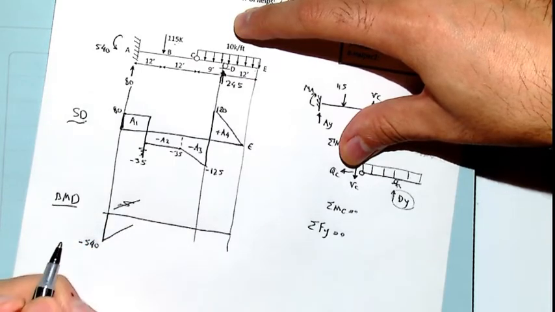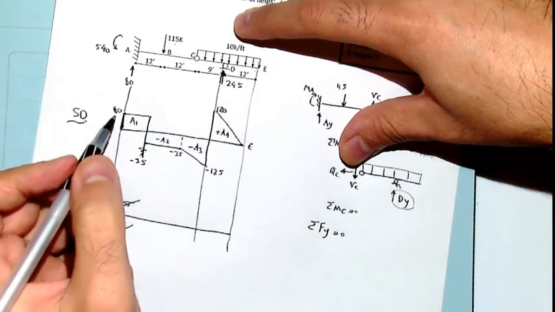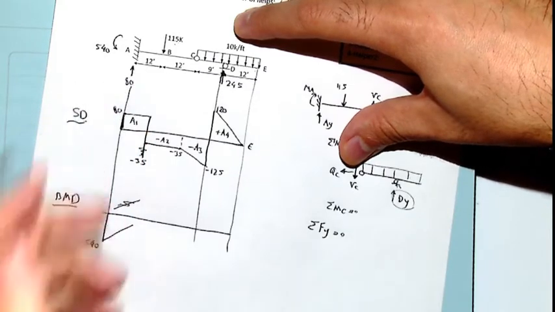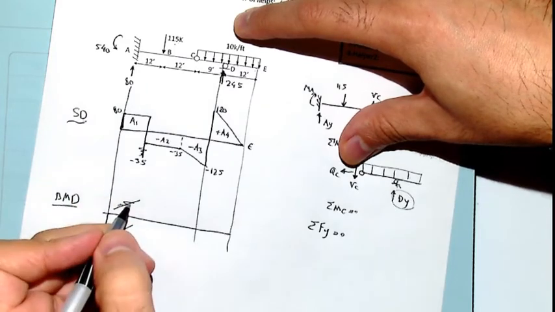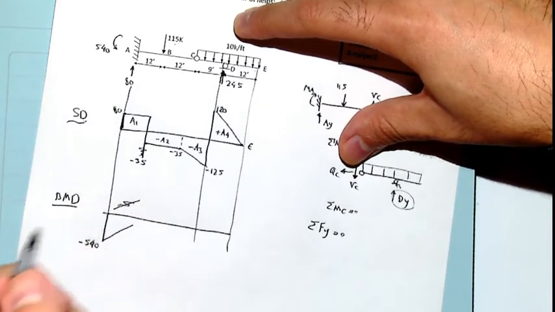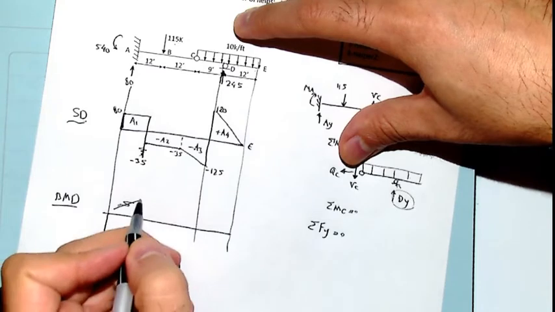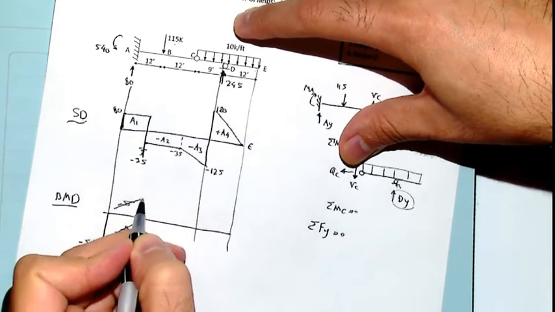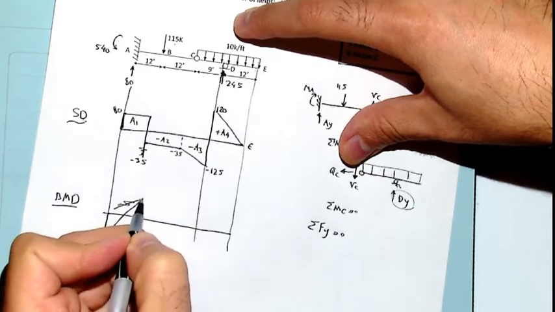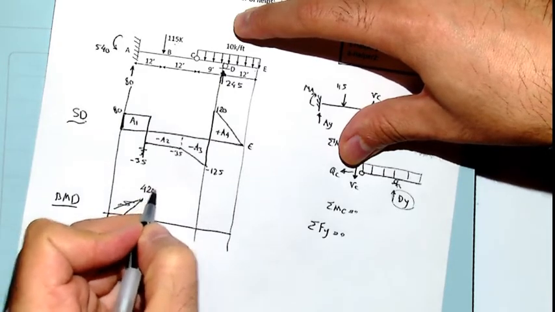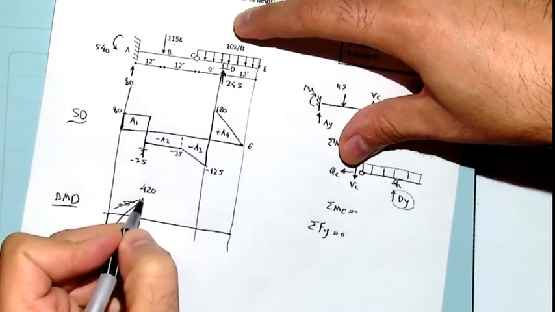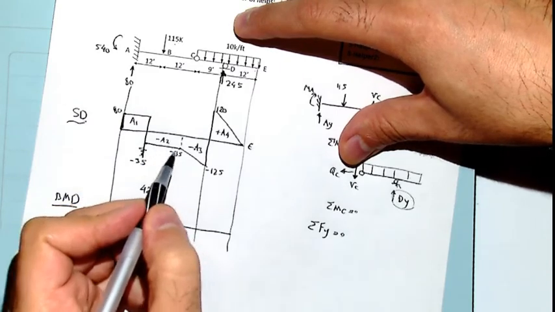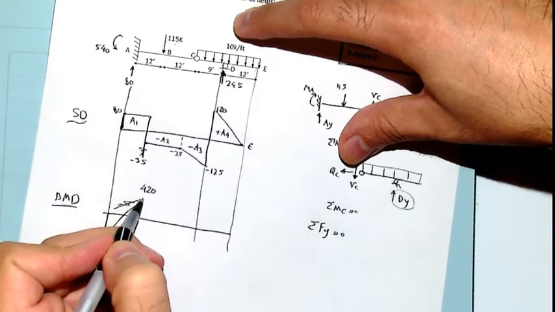Then I would be able to say 80 multiplied by 12, it would be 420, as I see here in my calculation. So it's not true, it's this one. 420 is here, a straight line. Then minus A2, which is minus 35 multiplied by 12.